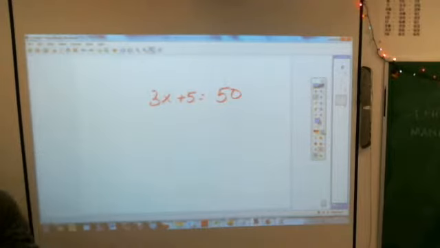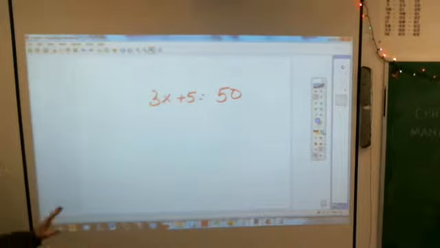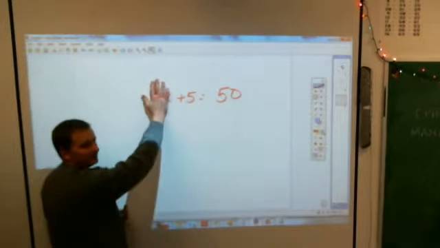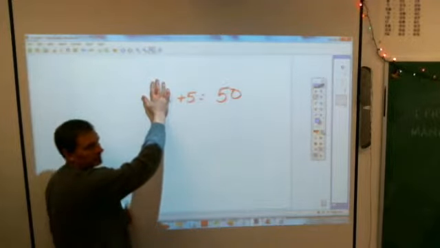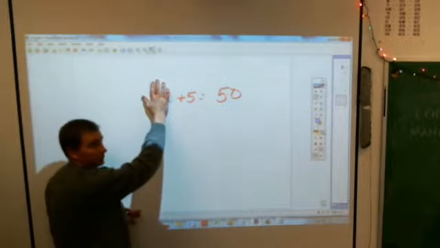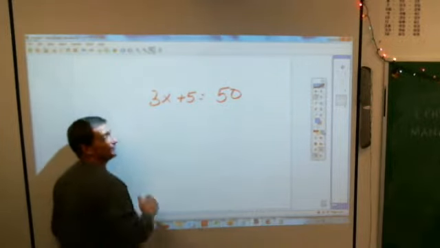Now, here's the part where a lot of people get confused. If you remember when we solved this by substitution, or by just looking at it, you said, well, what number when you add 5 to it gives you 50, right? Isn't that the first thing you did? And the answer to that was 45, which is the same thing you have to do when you have multi-step equations.